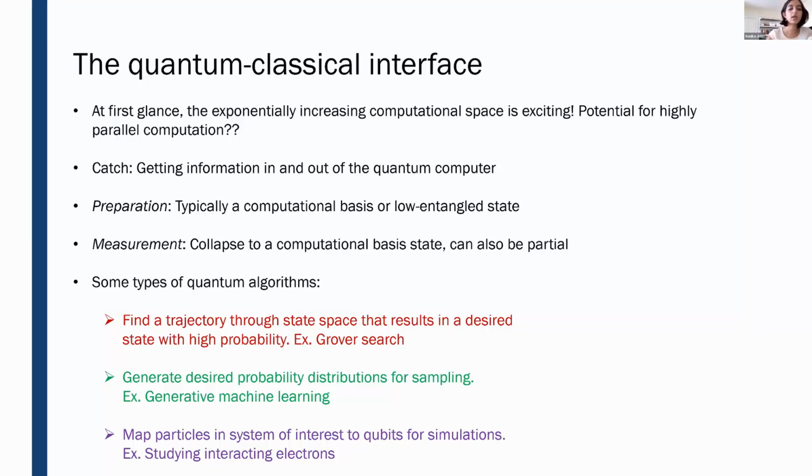So you can implement that Hamiltonian on your quantum computer and study that system by proxy almost. Right? So these are some examples of quantum algorithms that are compliant with the restrictions we have on quantum computers. Right? Any questions up till here?